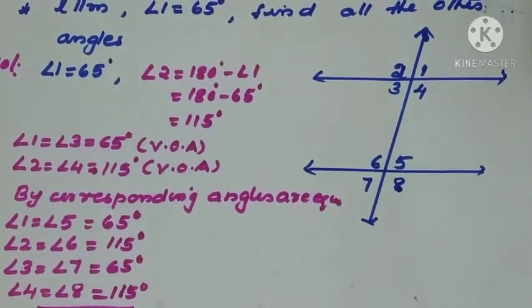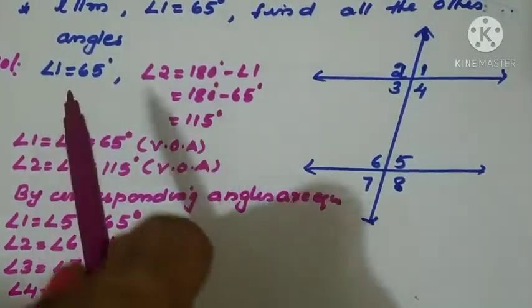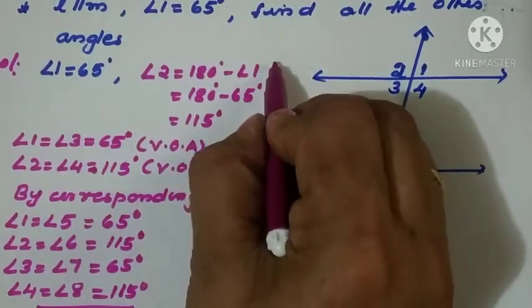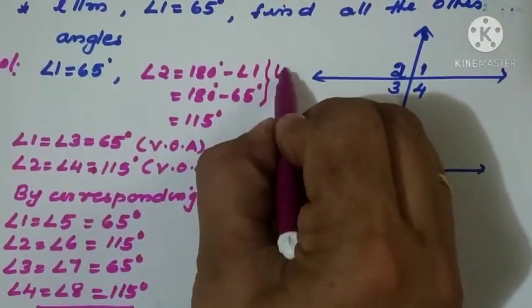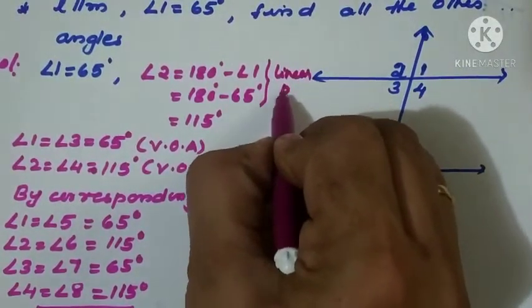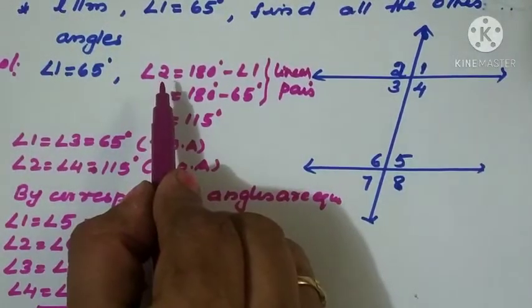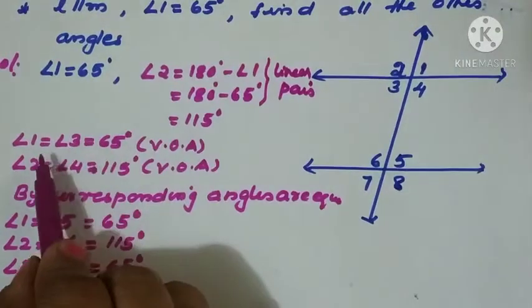I think you got the idea now how to find out all the values. Angle 1 is given, then angle 2 by linear pair we have to calculate. So I have not written the reason here. We must write the reason here, linear pair. Okay. Then angle 1 and angle 2 got means what is the next step?